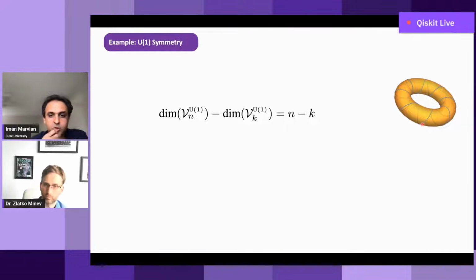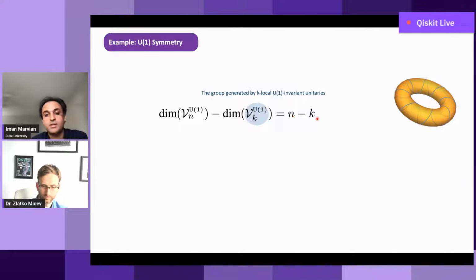Okay, so here is a more quantitative version. This is again about the example of U1 that we discussed before. It turns out that the difference between the dimension of the group of all symmetric unitaries and the subgroup generated by k-local symmetric unitaries is n minus k. k is again the locality of these gates.